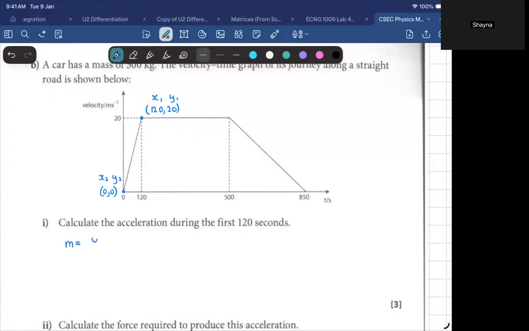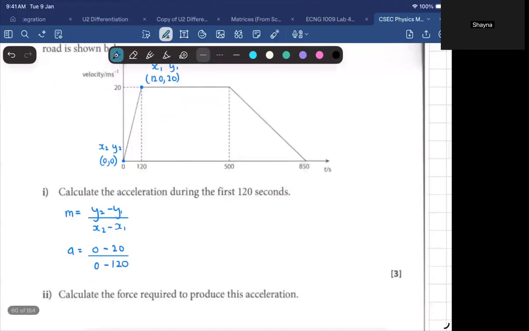I'll do it in parts so nobody gets confused. And we know when you find the gradient, you're going to get a, so that's why I'm putting a there. So y2 is 0 minus y1, which is 20, all over x2, which is 0, minus x1, which is 120. So we're going to end up with minus 20 over minus 120.